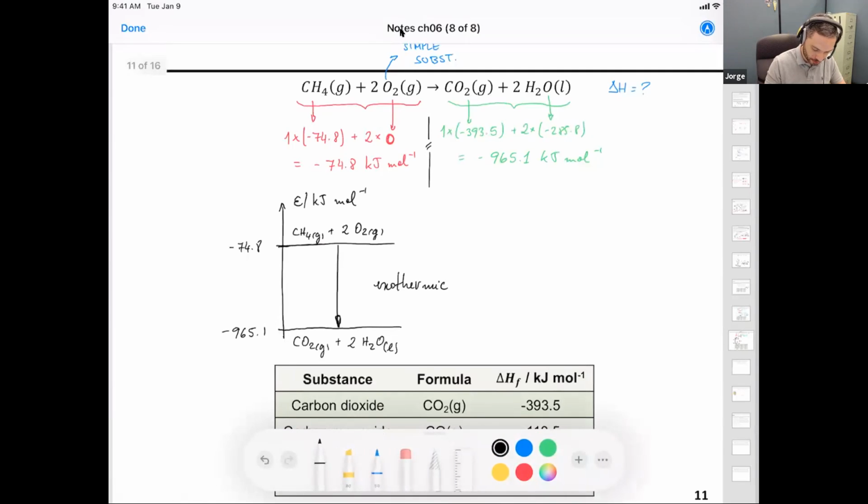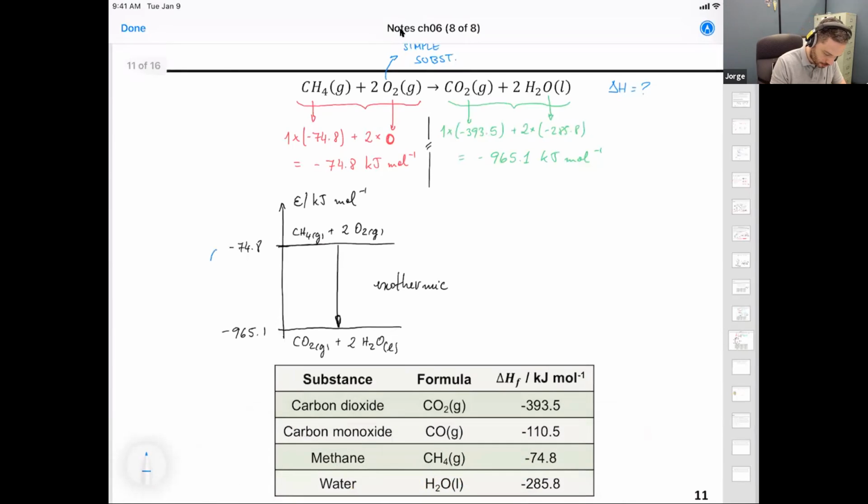And at this point, we are almost at the end. The only thing left here is to determine the delta H. Now that you know the energy level of reagents and products, the calculation of the delta H is very simple. Energy of the products minus energy of the reagents.